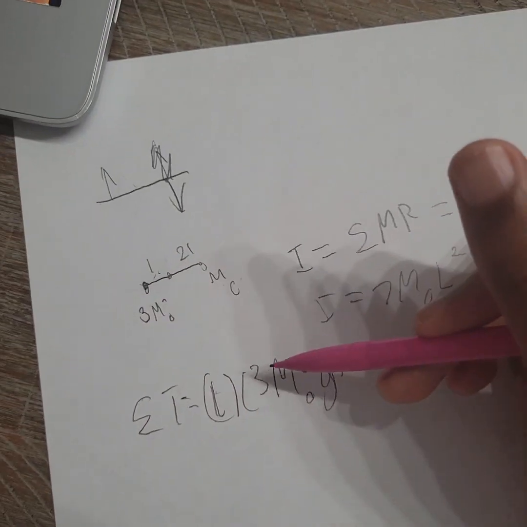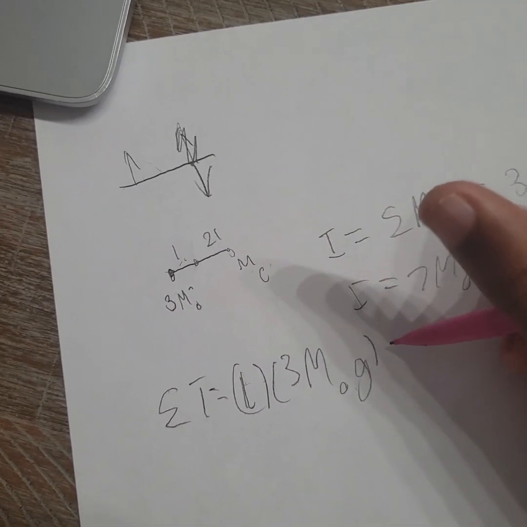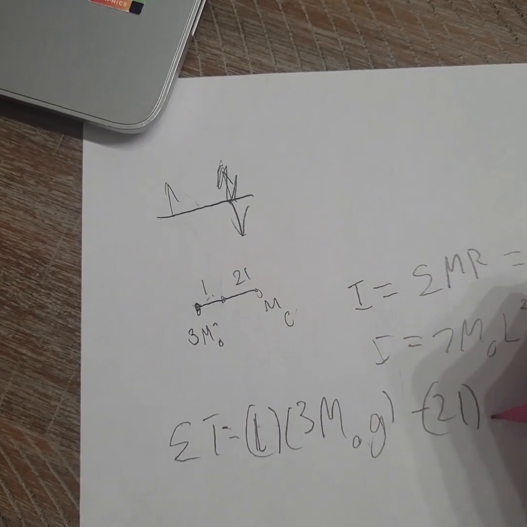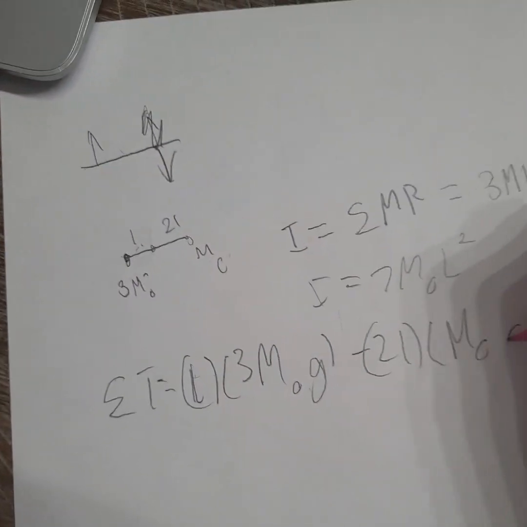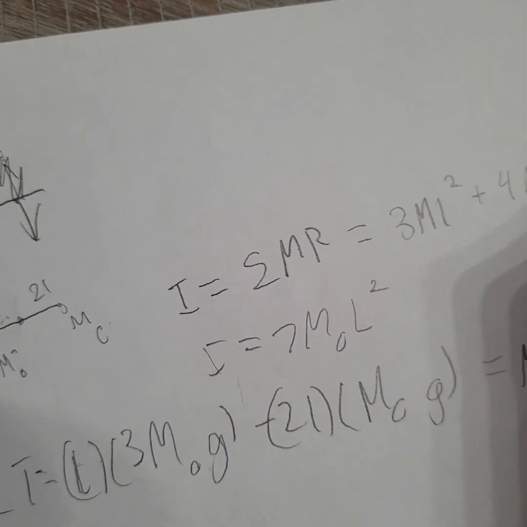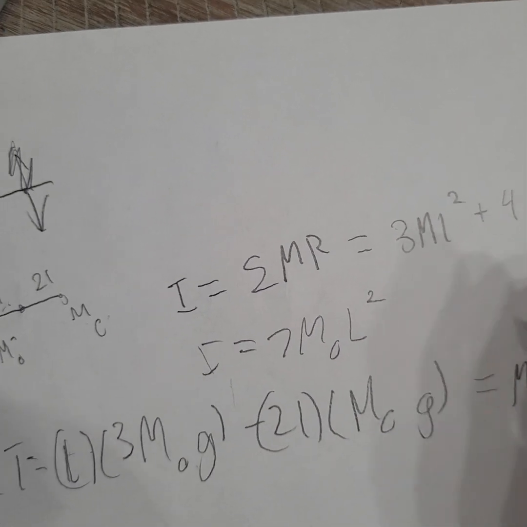That's your force, and that's your R. And then you're going to do minus 2L m0 g. And then in total, it's going to be m0 gL.